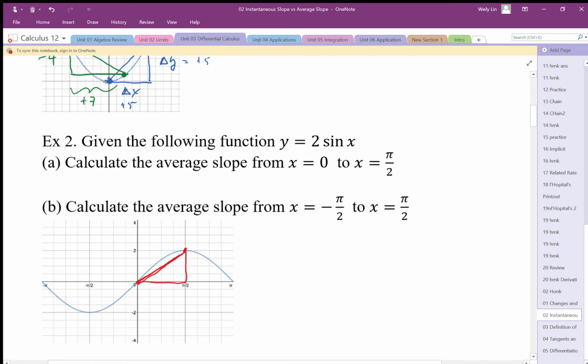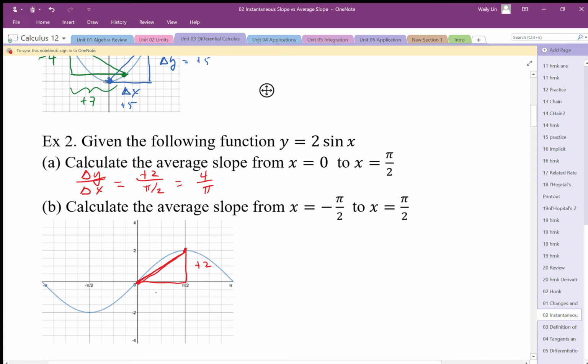The change in y over the change in x looks like it's going to be +2 on the y over pi over 2 on the x, so we end up with 4 over pi as our slope. It looks like a little bit greater than 1 is the slope here.